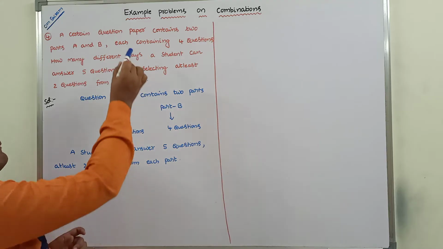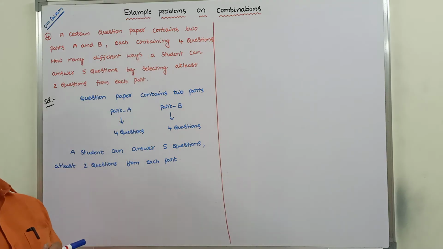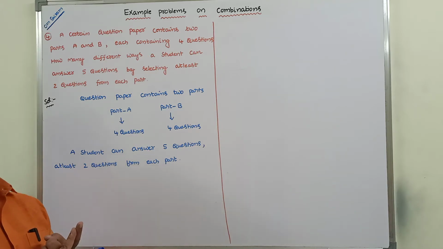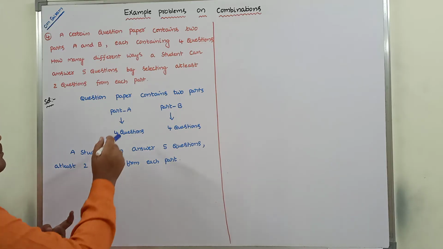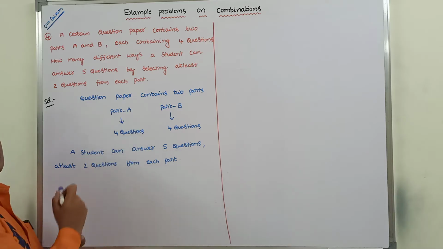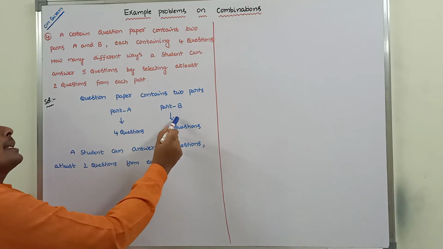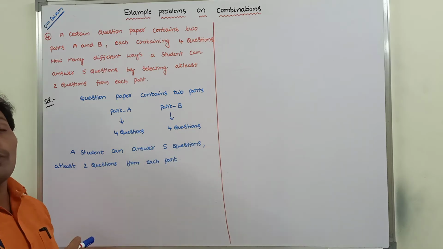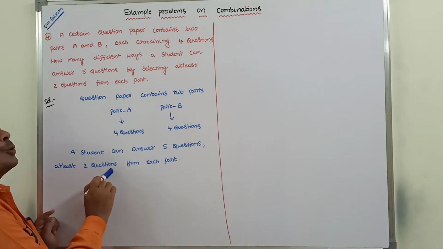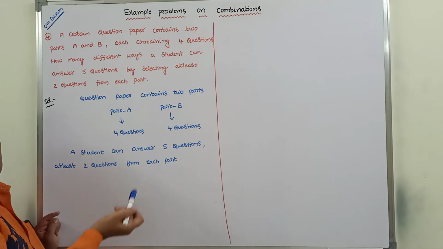So the given data in the problem is, a certain question paper contains two parts, part A and part B. Part A contains 4 questions and part B contains 4 questions. A student can answer 5 questions, at least 2 questions from each part.